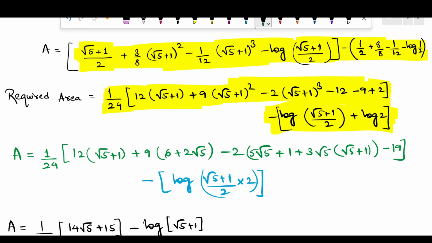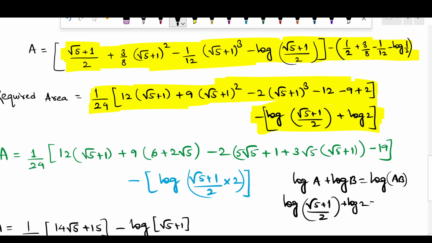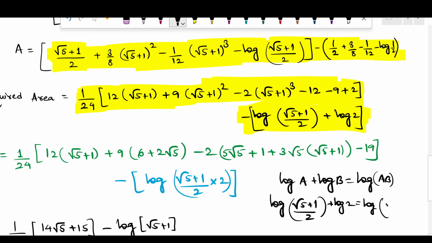Now we have used the property of log. We know that log A plus log B equals log of AB. So here log of (root 5 plus 1) by 2 plus log 2 will be equal to log of ((root 5 plus 1) by 2) into 2.